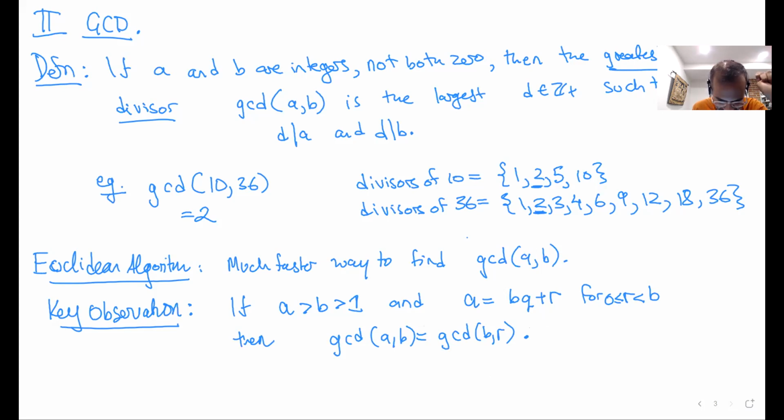So this fact is actually going to follow from an even stronger lemma, which I'm going to prove in a moment. It's going to follow from lemma 2, which is that if you have a bigger than b, bigger than 1.